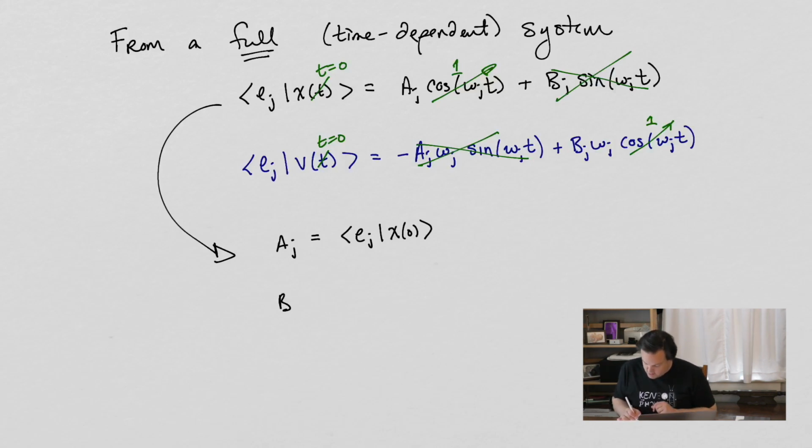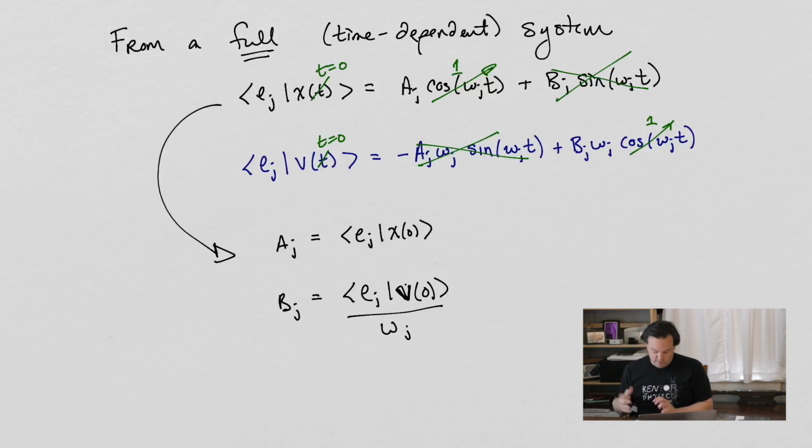And b sub j is equal to e sub j dotted with v evaluated at 0 divided by omega sub j. And of course, that omega sub j is important not just because it happens to be the right answer, but also because of units, right? So velocity and position have different units, and therefore the omega j helps me to translate between those two.